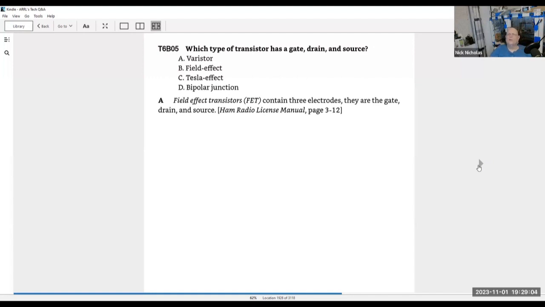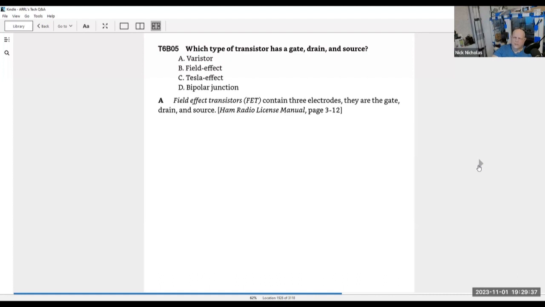Which type of transistor has a gate, drain, and source? I don't think I covered this fully with you guys, but that would be a field effect transistor, whether it's a MOSFET, which is metal oxide semiconductor field effect transistor, or a JFET, which is junction field effect transistor, or CMOSFET.